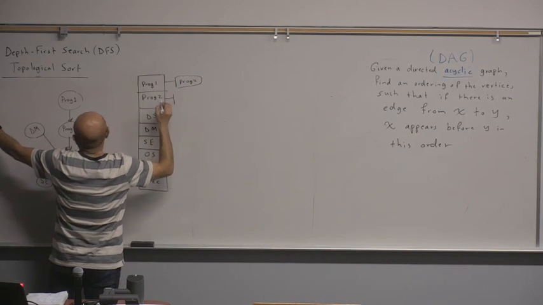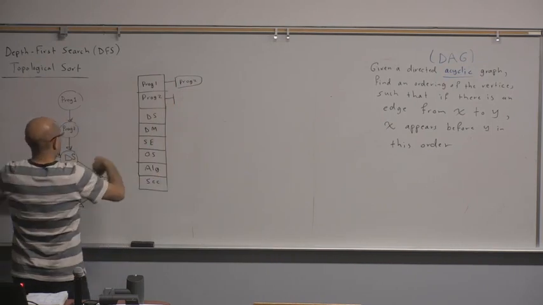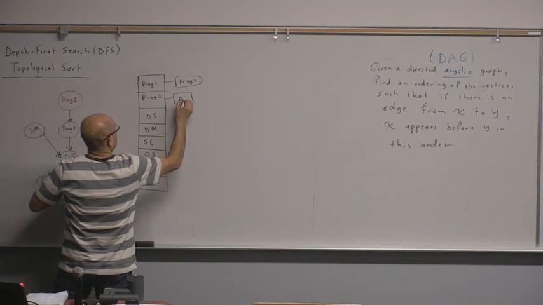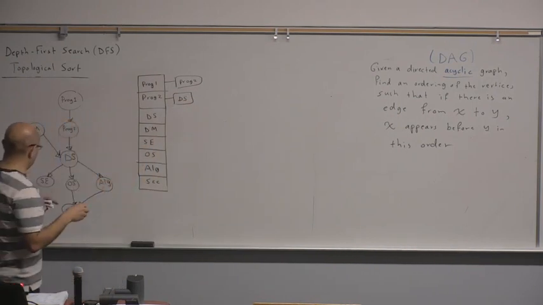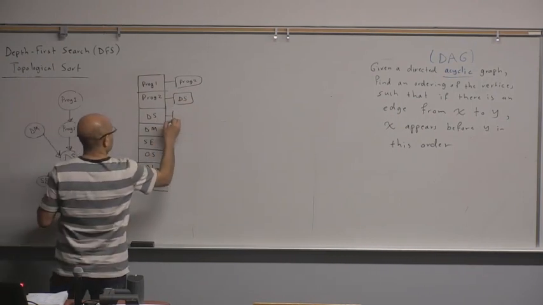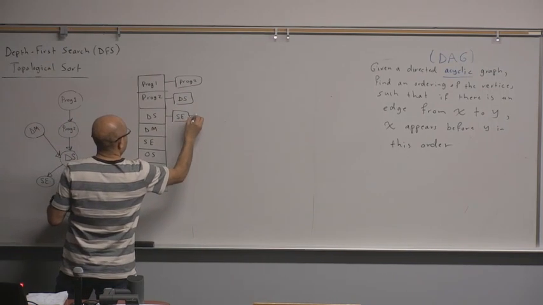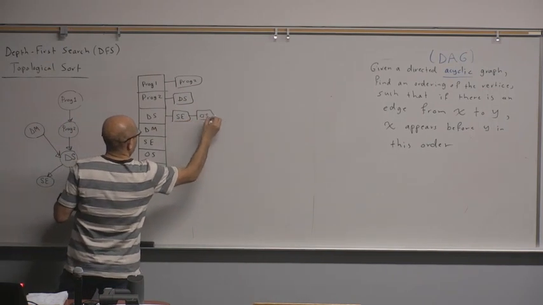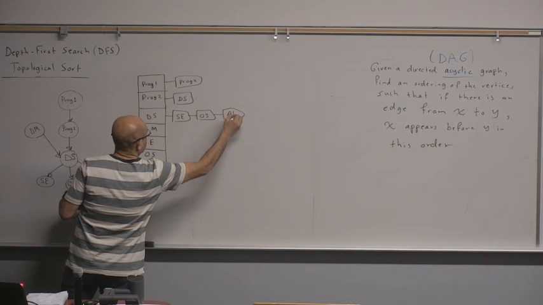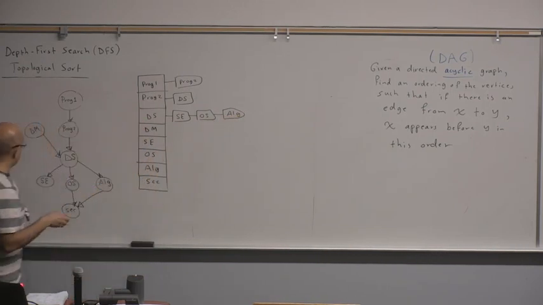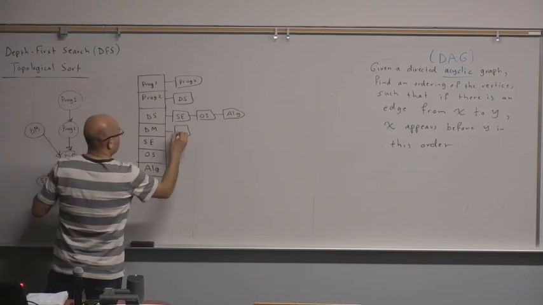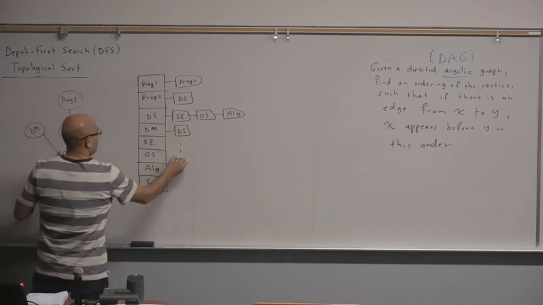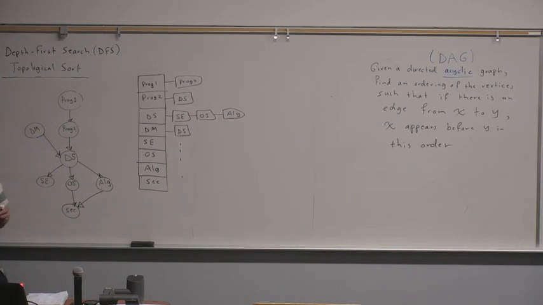For programming 2, the neighbor is data structures. For data structures, you have 3 neighbors, SE and OS and algorithms. For discrete math, we have data structures. I don't think I have to show all of them. So you get the idea. So this is the adjacency list.